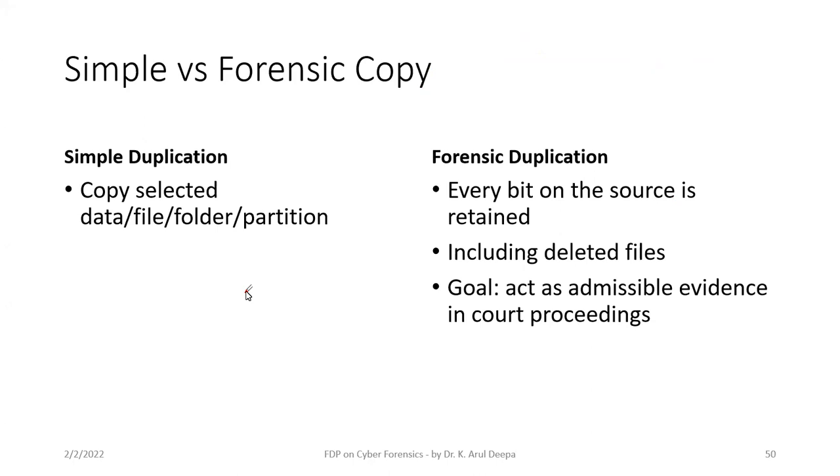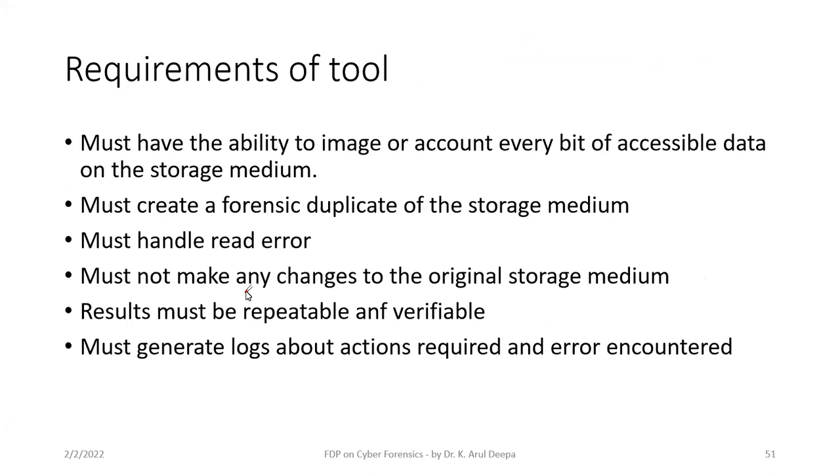But with forensic duplication, every bit on the source is retained, everything can be collected, including the deleted files. So whenever you go for investigation, the evidence will be considered a solid one if it is an image. If it is a copy, the court may not accept it.